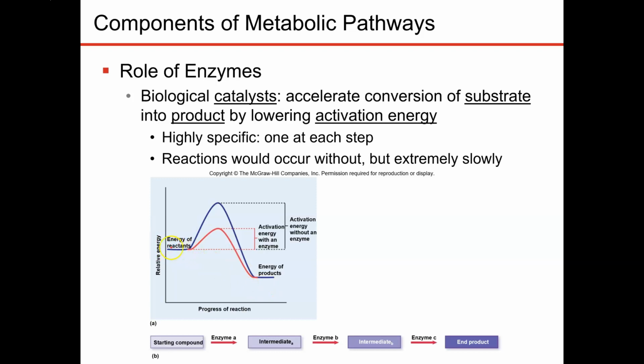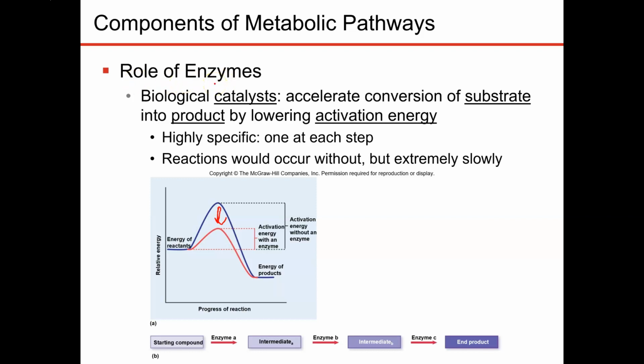Here's the energy of products. But like I said, all reactions require some energy. So the amount of energy is going to be reduced. There's that reduction right there when you have an enzyme. And then the product is formed. Okay. So enzymes reduce the amount of energy needed and so speed up reactions.